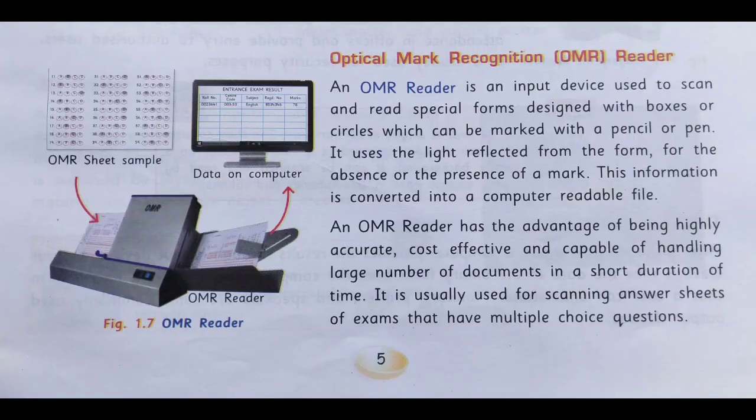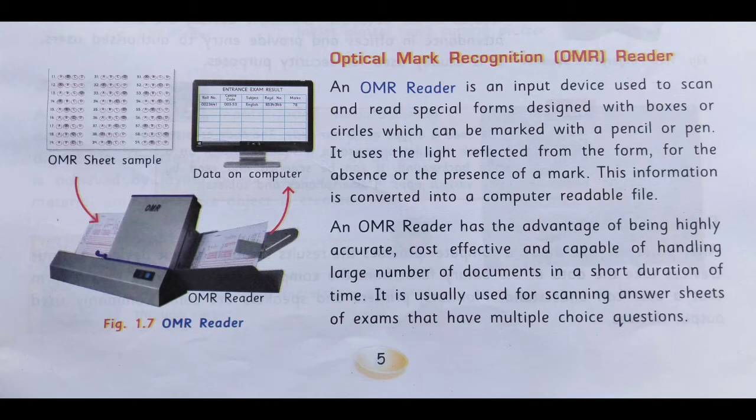The next type of special purpose input device is the optical mark recognition, or OMR reader. An OMR reader is an input device used to scan and read special forms designed with boxes or circles which can be marked with a pencil or pen. It uses the light reflected from the form for the absence or presence of a mark.